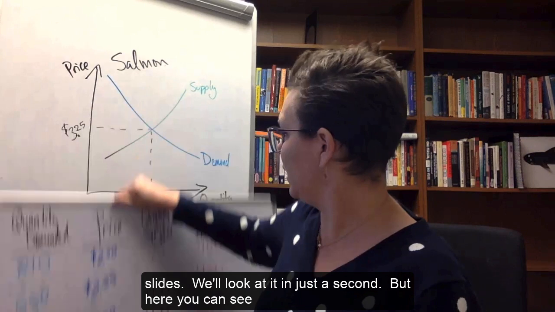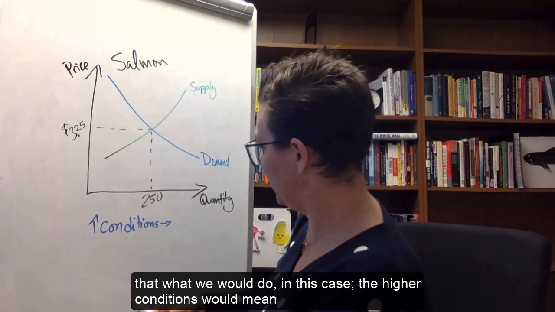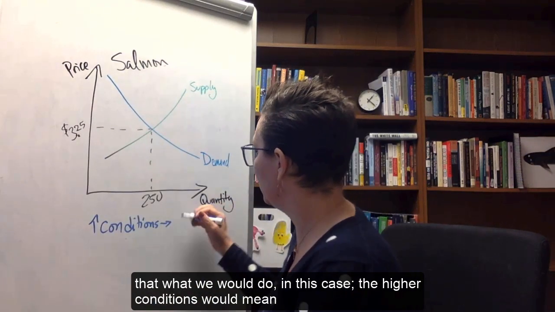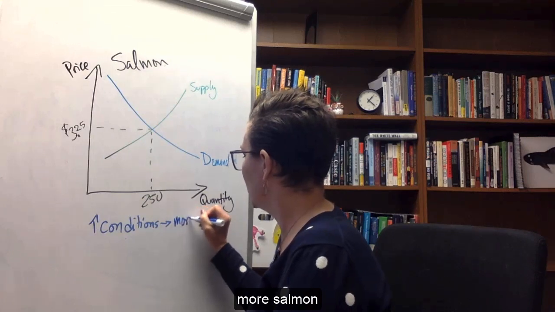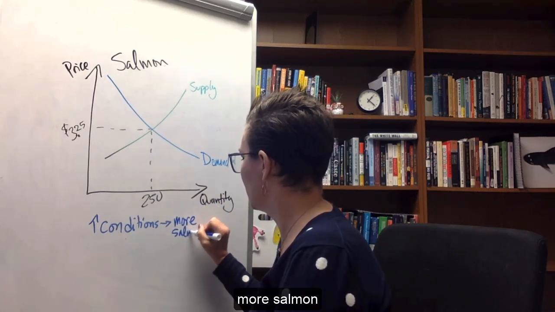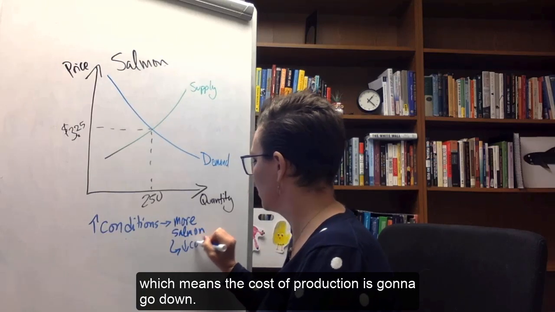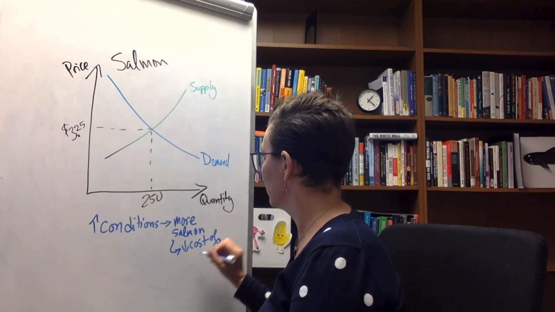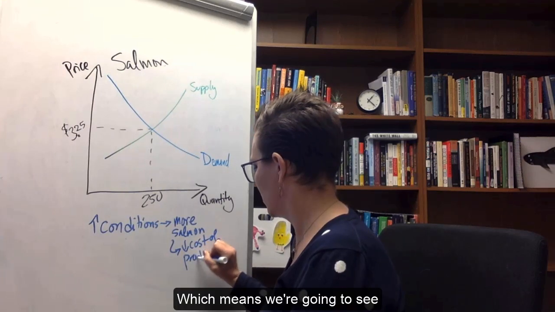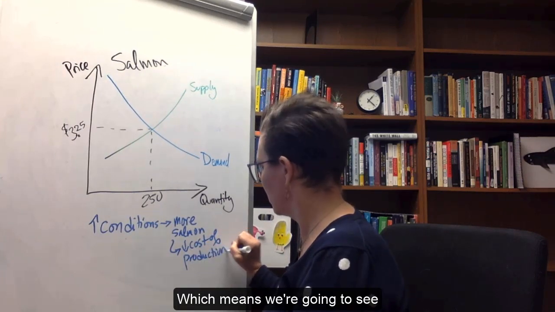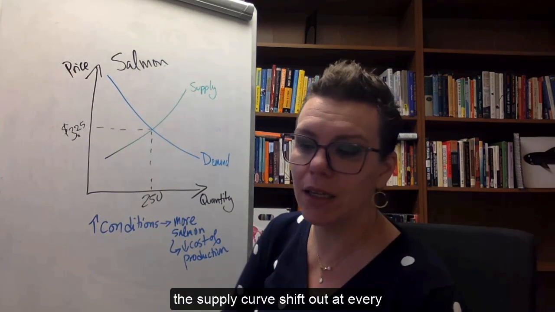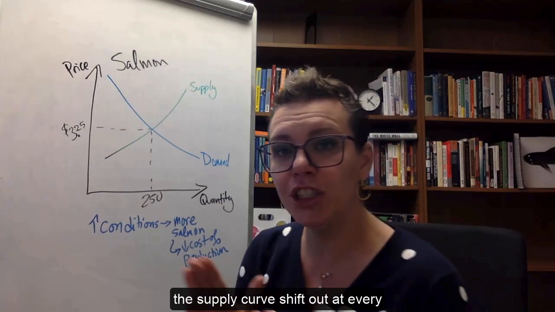But here you can see that what we would do in this case, the better conditions would mean more salmon, which means the cost of production is going to go down. Which means we're going to see the supply curve shift out.